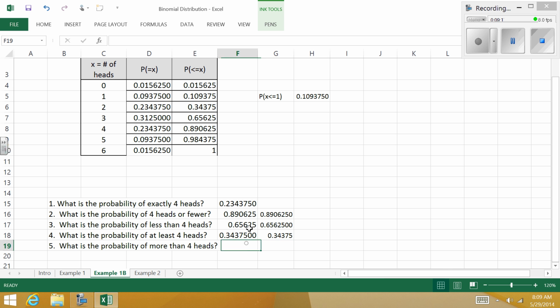And last, probability of more than 4 heads would be 5 heads or 6 heads in our 6 tosses. And more than 4 heads could also be 1 subtract, the complement of more than 4, which would be 4 or less. And so again, with most probabilities, there's a couple different ways you can go about solving it.